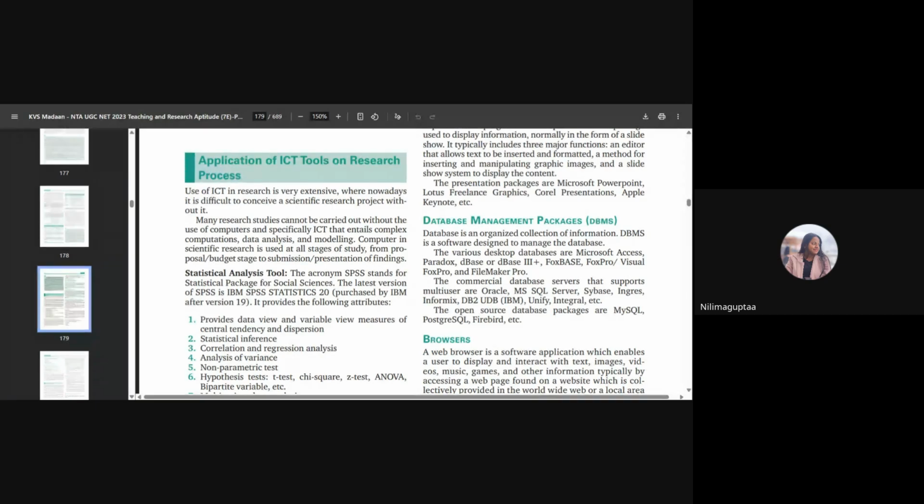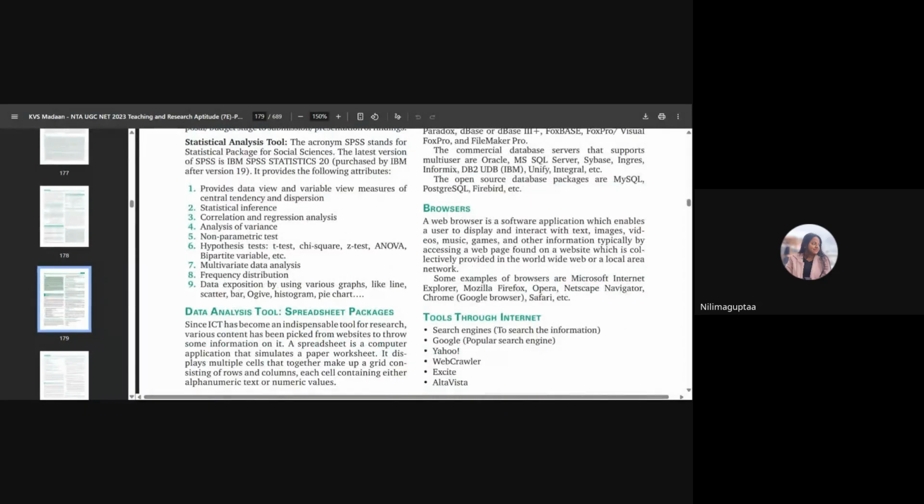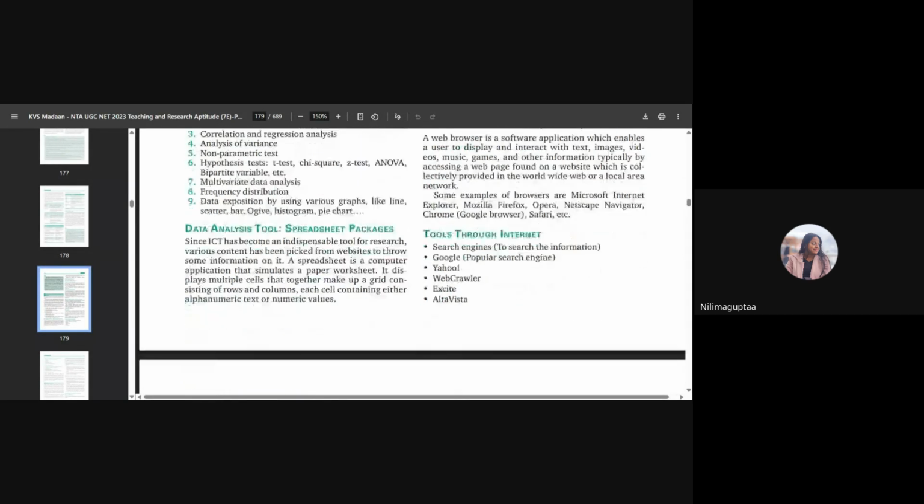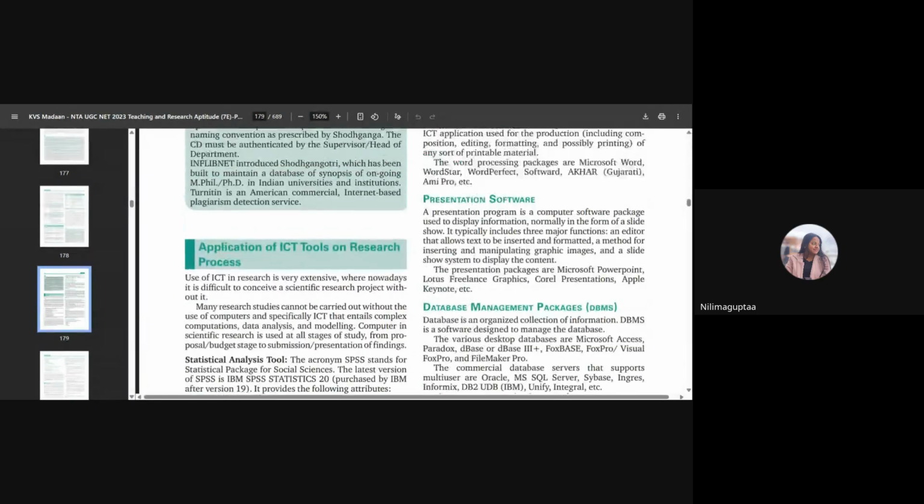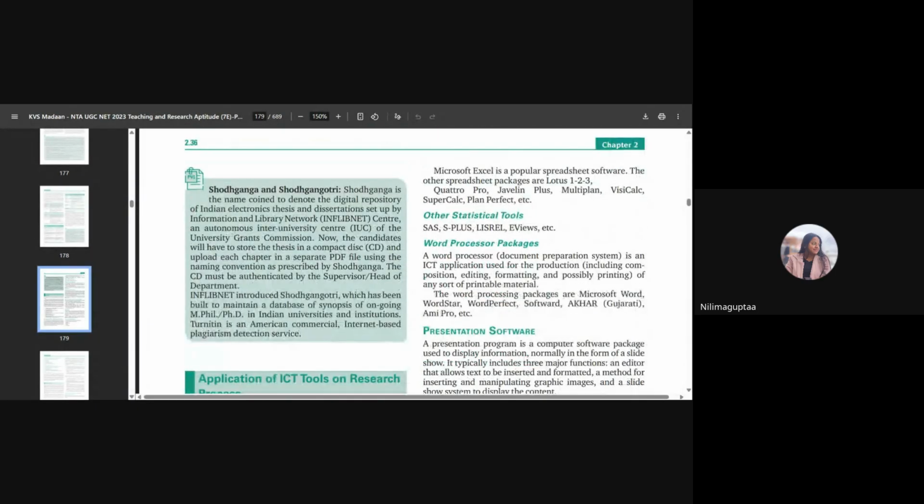Here we can see many research studies that use statistical tools. They are talking about SPSS, which we discussed recently. Then they talk about some other tools over here, which include Potero Pro, Javelin Plus, Multiplan, VisiCalc, SuperCalc and PlanPerfect.